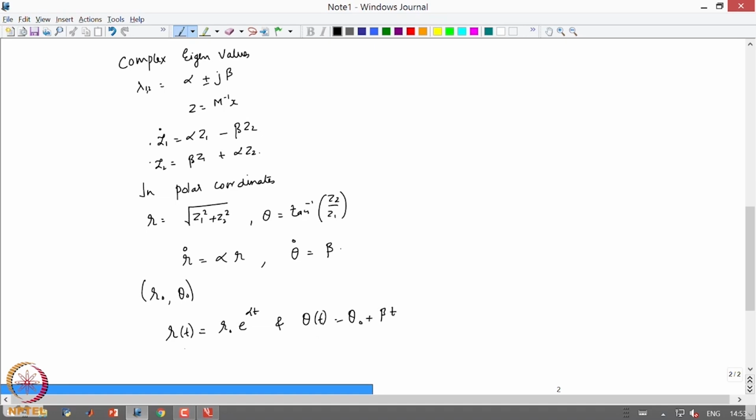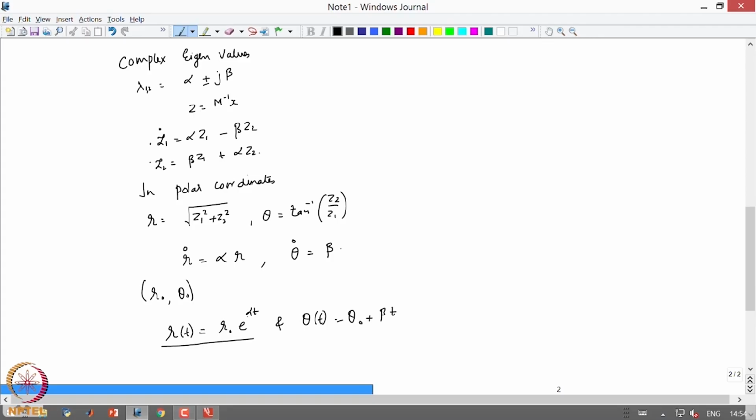This is interesting here, right. In polar coordinates, I am looking at the radius, which has an exponential term depending on t.